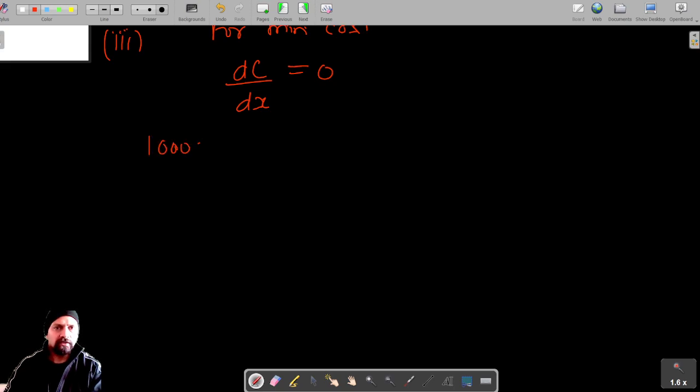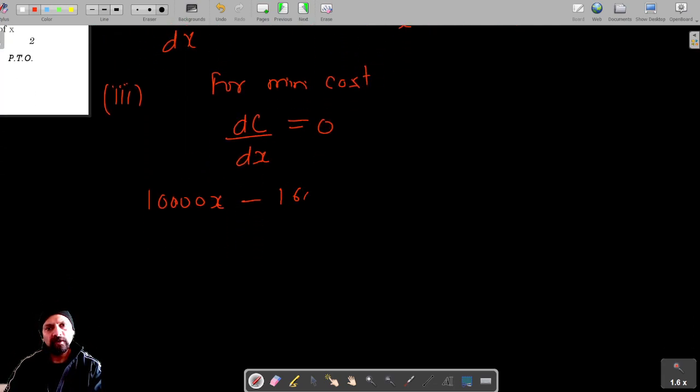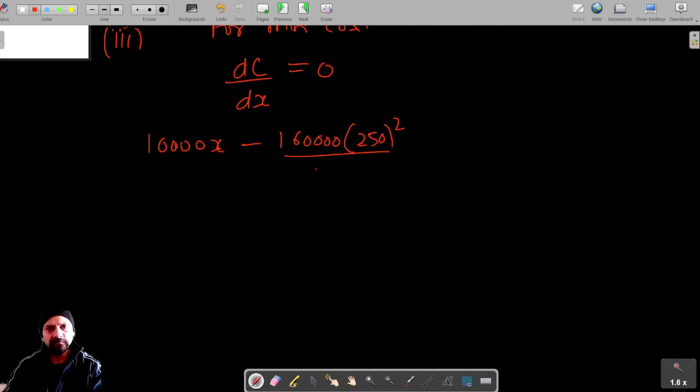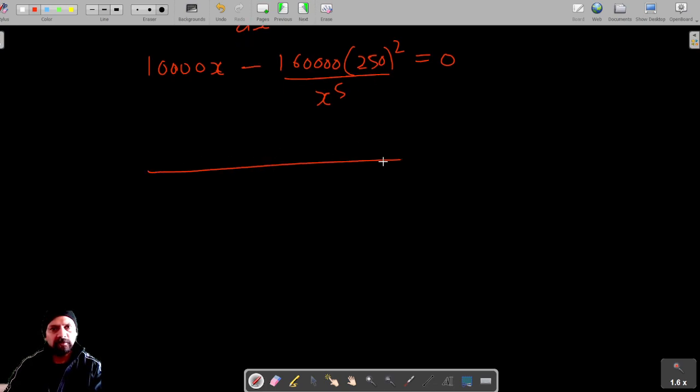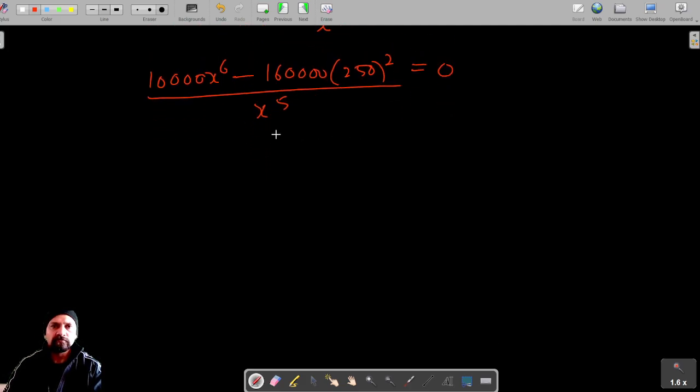So this is 10,000 into x minus 1,60,000 into 250 square all upon x raised power 5 is equal to 0. So let's take LCM here. So LCM is x raised power 5. This is 10,000 x raised power 6 minus 1,60,000 into 250 square, which is equal to 0.